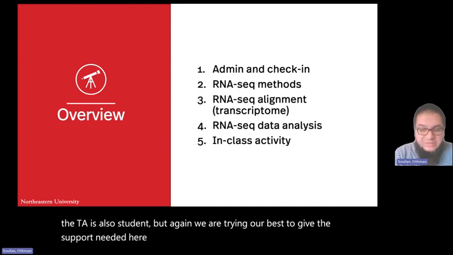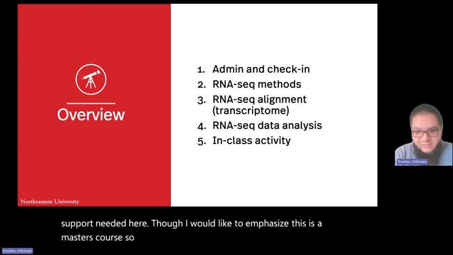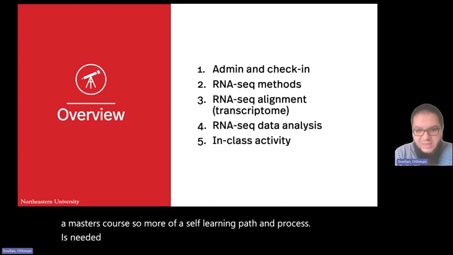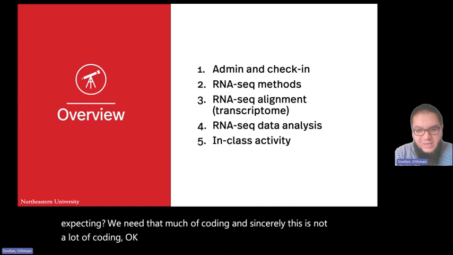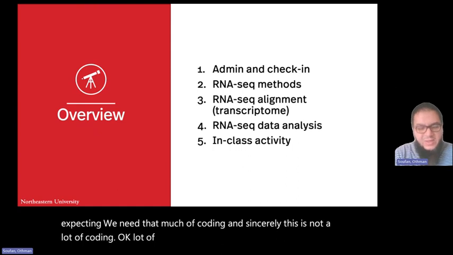Though I would like to emphasize, this is a master's course, so more of a self-learning path and process is needed. And I received this point, which is, this is coding. We're not expecting that much coding. And sincerely, this is not a lot of coding. A lot of coding, I know from my computer science background, what it means.